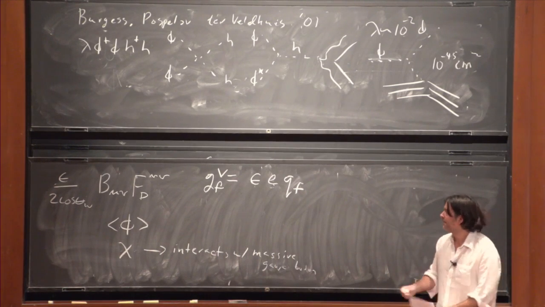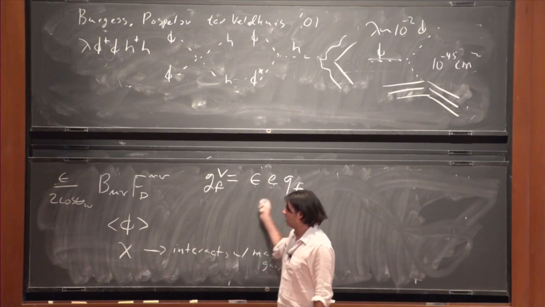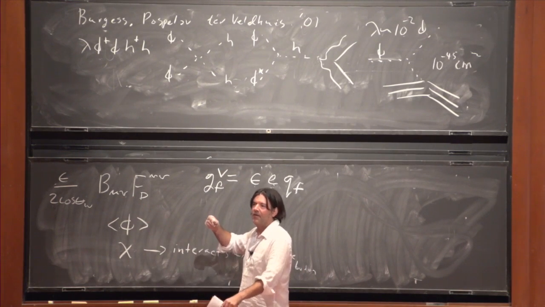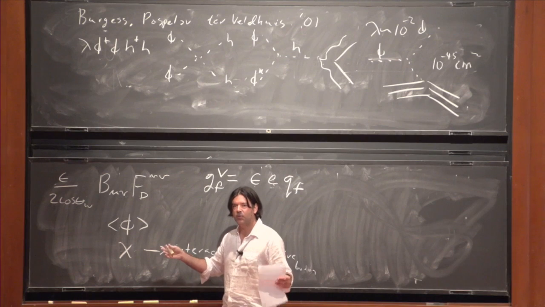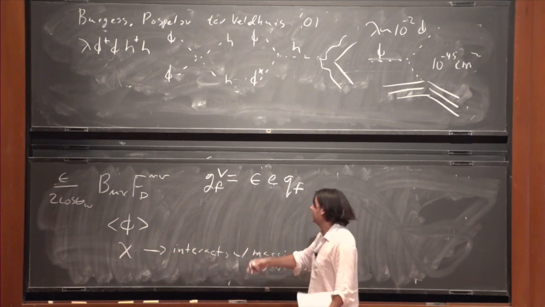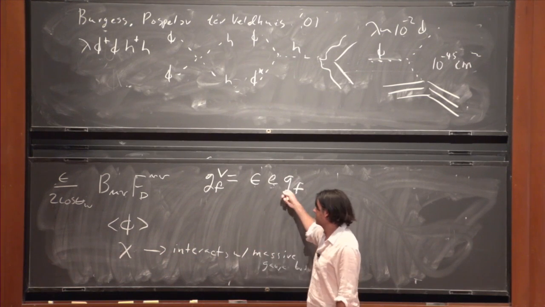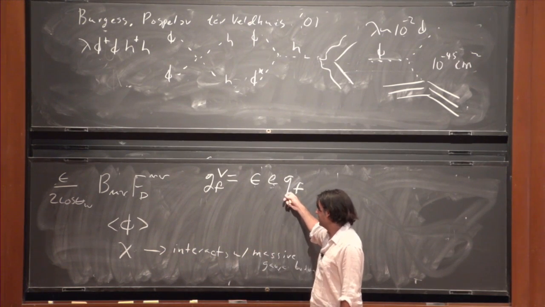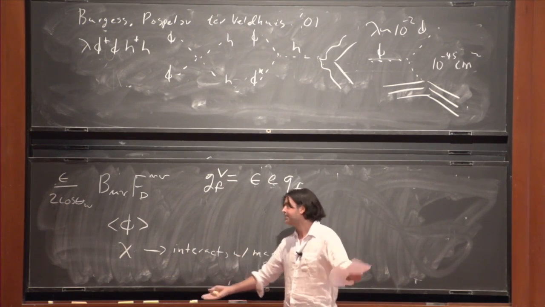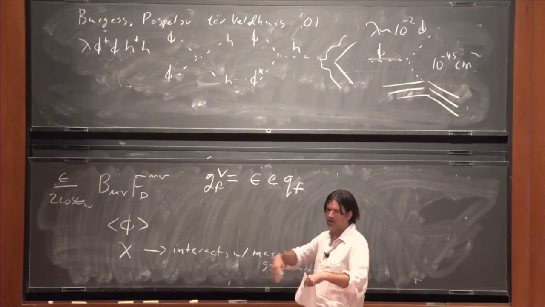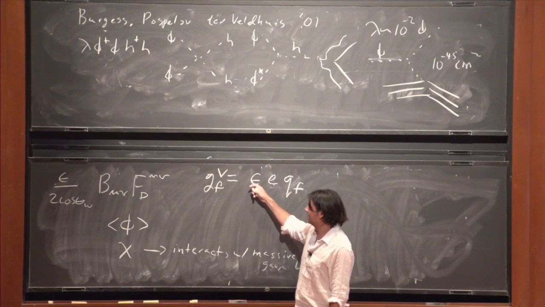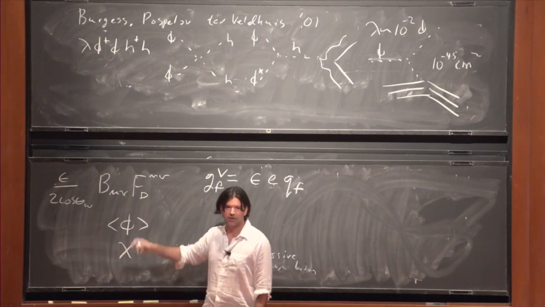In contrast, standard model fermions, which talk to B mu nu or F mu nu electromagnetism, what we define as the photon is the massless degree of freedom. That's what we define to be the photon, not the linear combination that talks to standard model particles. So the linear combination that talks to standard model particles is some combination of the massless state and the massive state, and thus all ordinary particles have their usual charges and interactions with the massless gauge boson, but they have an epsilon interaction with the dark photon.